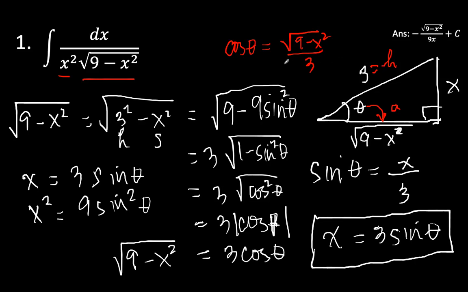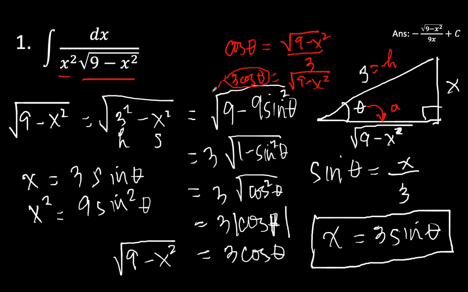And we can rewrite this in this form: 3 cosine theta is equal to the square root of 9 minus x squared. So we have already identified the equivalent expression of the square root of 9 minus x squared, which is 3 cosine theta. Here we go.